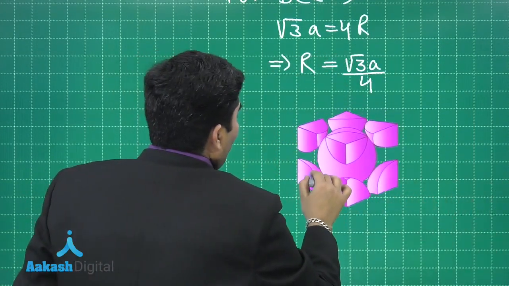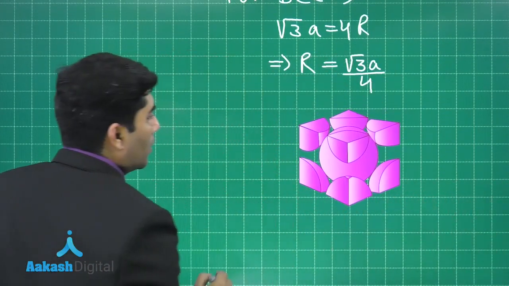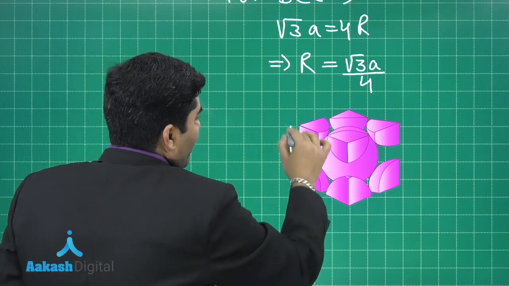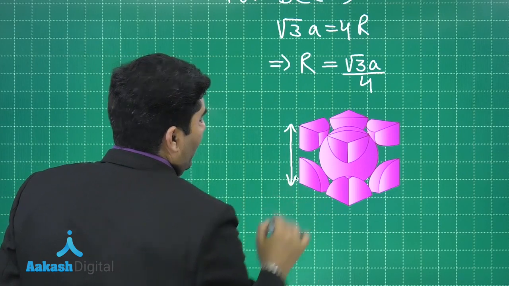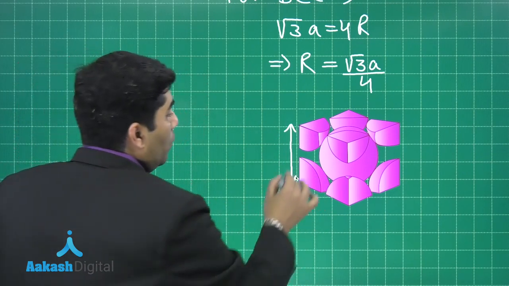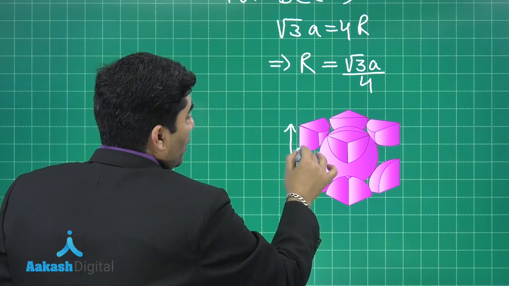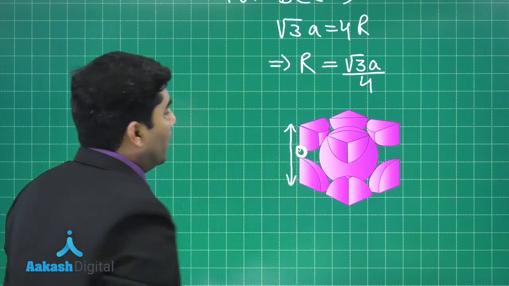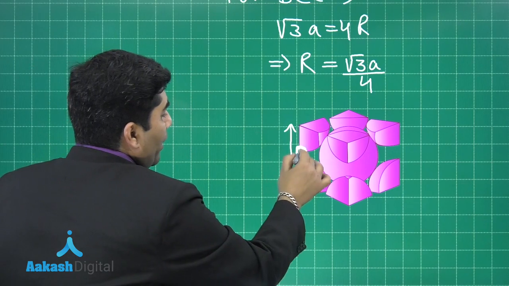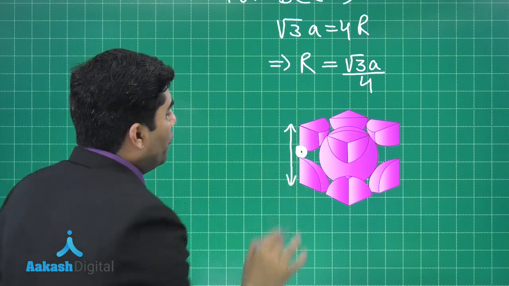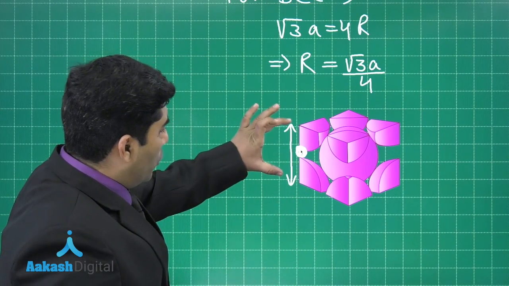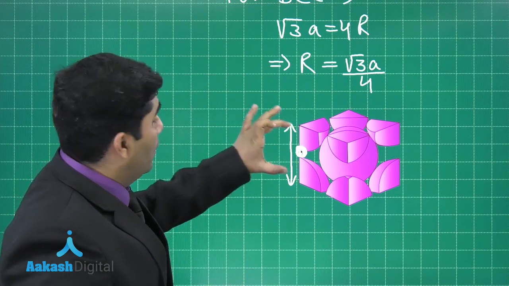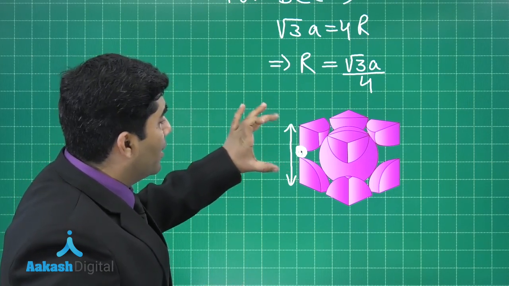Now let us check what we actually have to find out. This is the edge length A, and we have to find out the radius of this particular sphere which can fit between two spheres at two corners of the BCC unit cell.